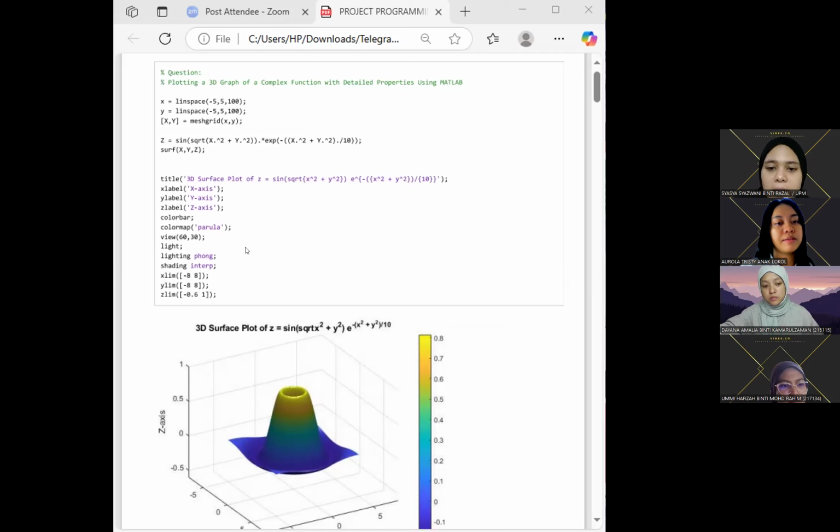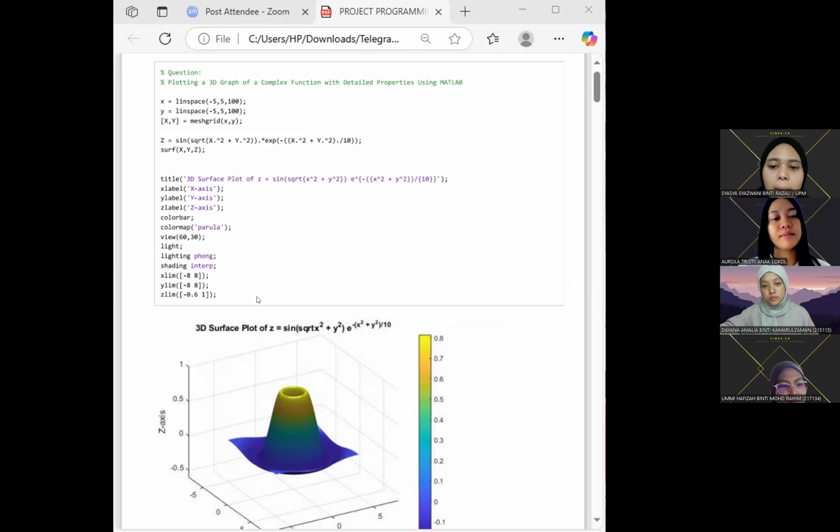Next is the light command and shading in the command. We use it because we want to improve the lighting and smoothness of the surface. Finally, we use the axis command to define the axis.